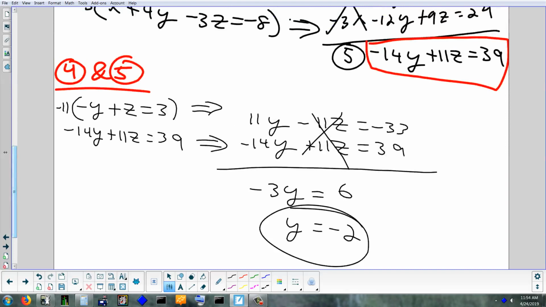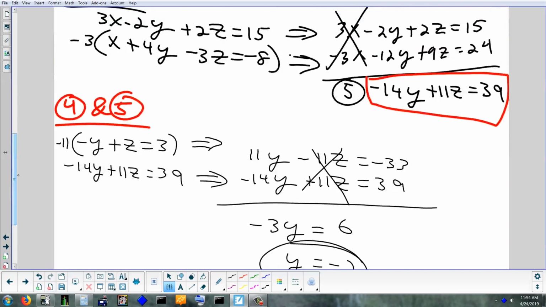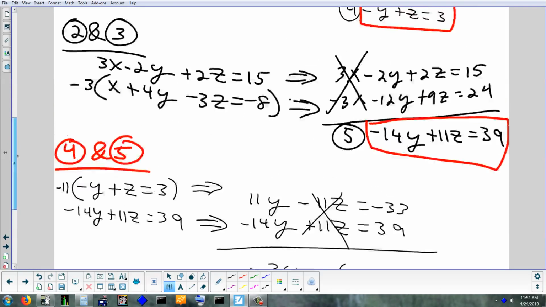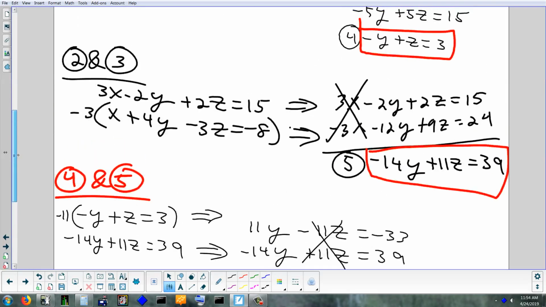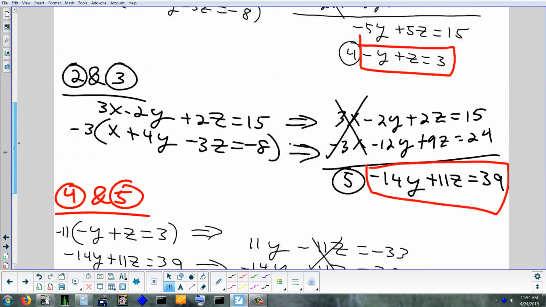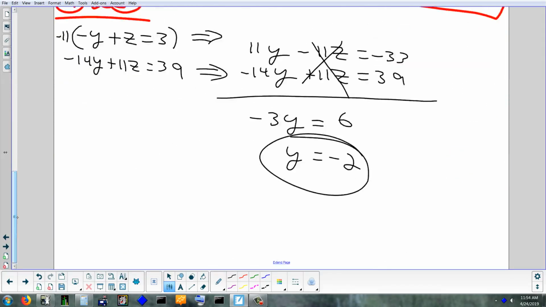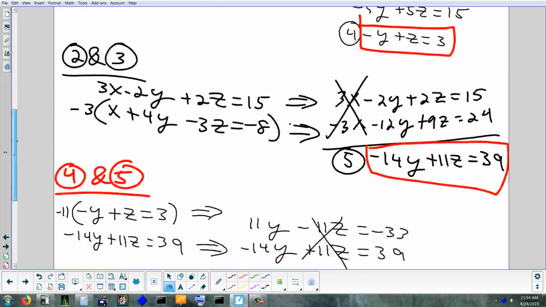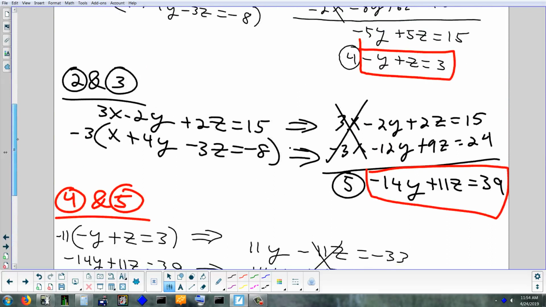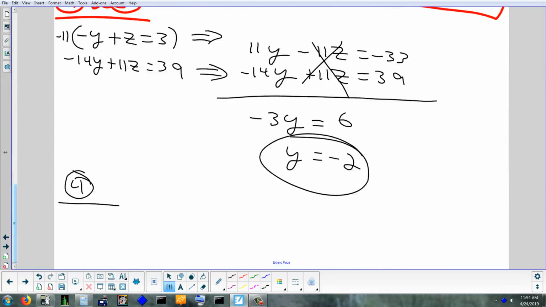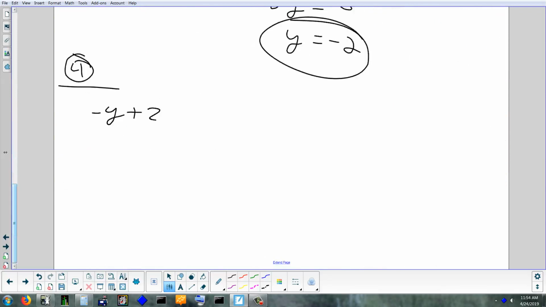Now that we have y, we can go back to either equation 4 or 5 to get z. I think one of those is easier than the other. 4. Okay. So now, using equation 4, we've got negative y plus z equals 3.